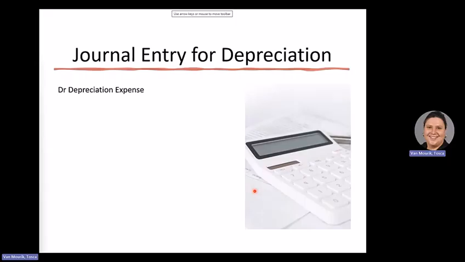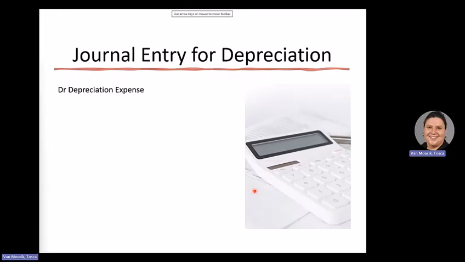And what is accumulated depreciation? Well, as I said to you earlier, that is the accumulation of all the depreciation. But this is where we show the leg that goes against the actual asset in the balance sheet. So your accumulated depreciation, we call them negative assets.